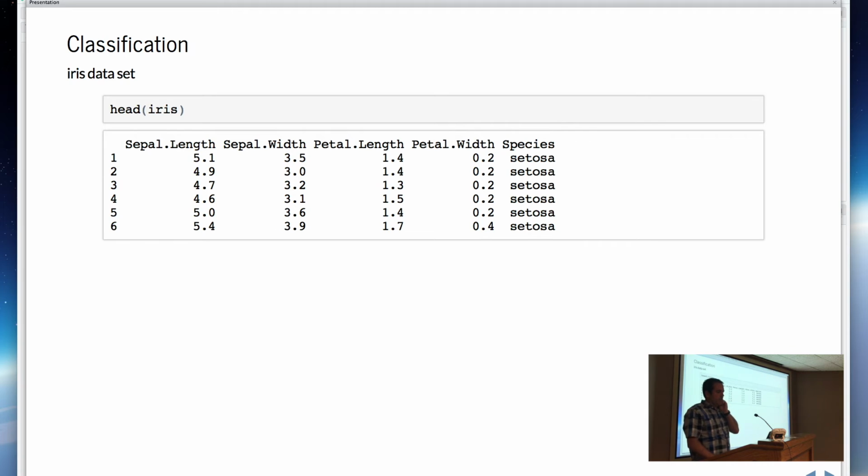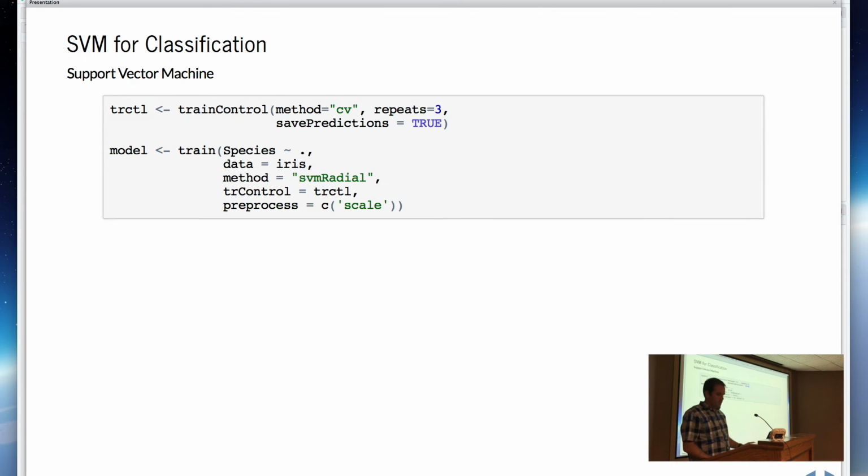For this example, we'll use the iris data set that's built in. This is about iris flowers. It gives you a variety of attributes, and then a species. The species is a factor or a class. We're going to do cross-validation, and in this case we're using a radial support vector machine as the algorithm, and just scaling the data.